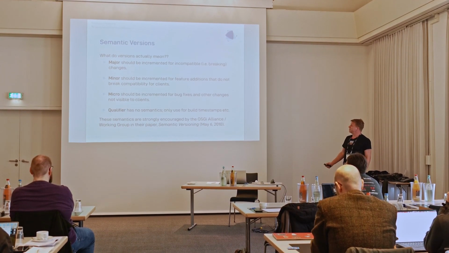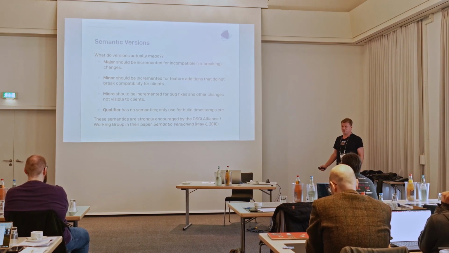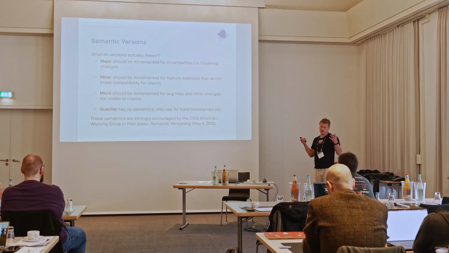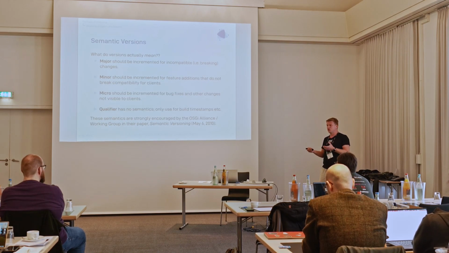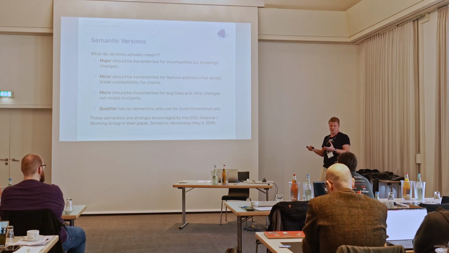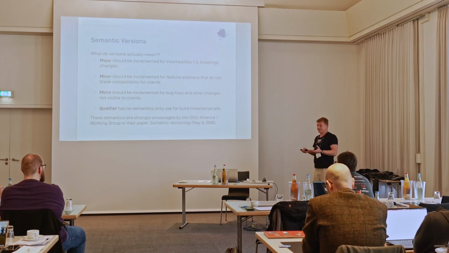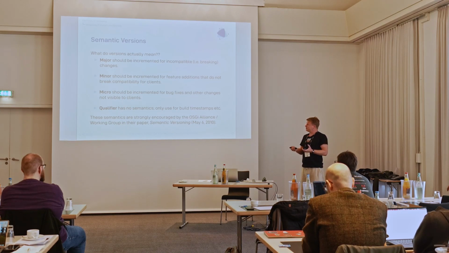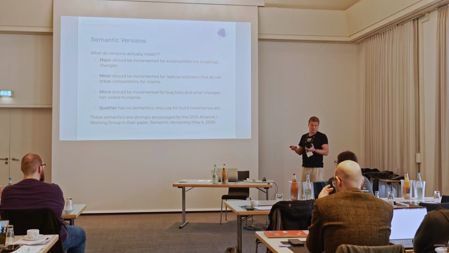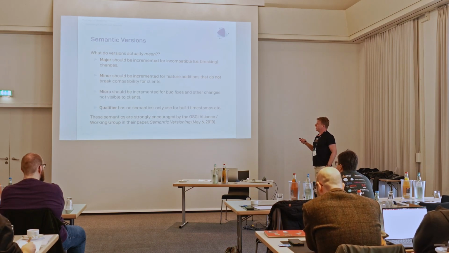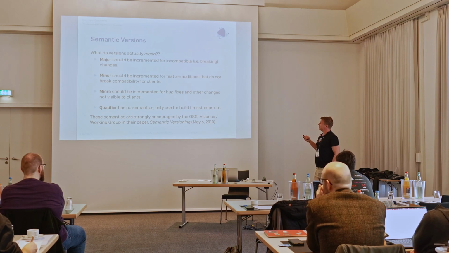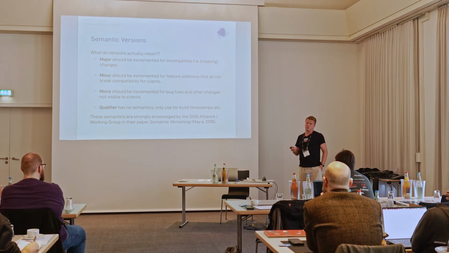The minor part of the version becomes interesting. The minor part should change if you add features. So something new, like you have an interface in there and you add a method which is new but not crucial for the overall working of whatever the API does. It should not break whatever the client does with it. So if you can use it, then you can just increment the minor version. And a change of the major version means you basically broke it for everybody.